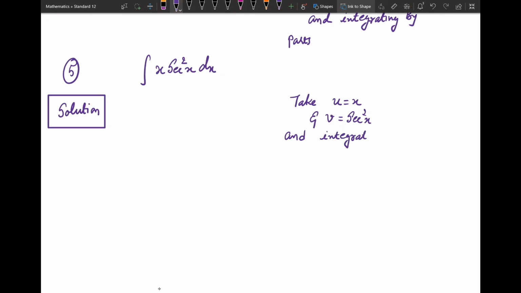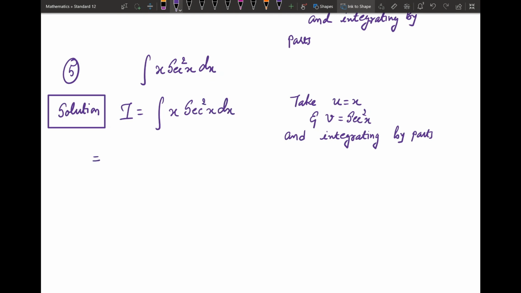Integrating by parts. So we denote I equal to x into sec square x dx.